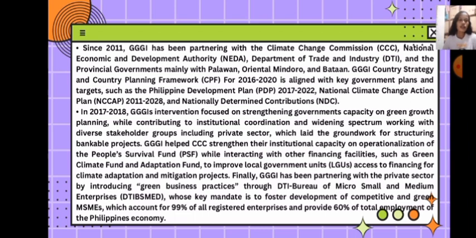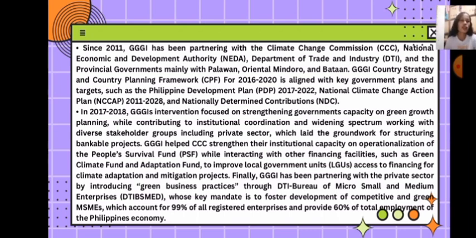GGGI has many partner organizations to help with its goals, which are targets such as the Philippine Development Plan, the National Climate Change Action Plan, and nationally determined contributions.